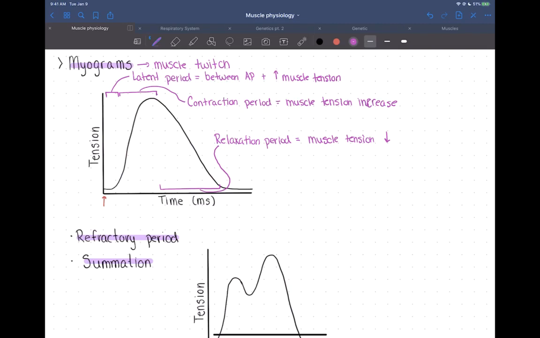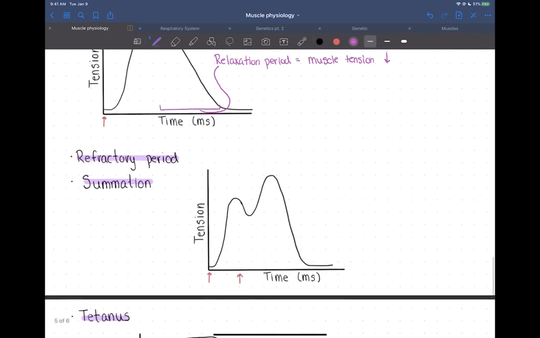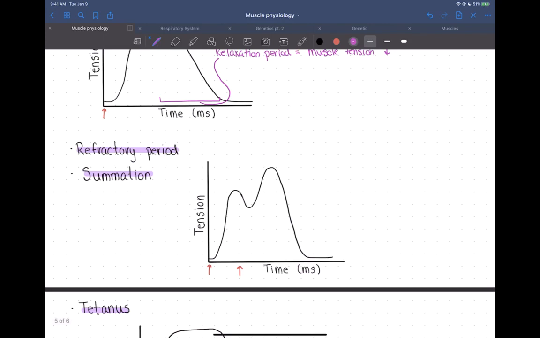Okay, so those are the three periods or phases of that muscle twitch when you're looking at a myogram. And so now we're going to talk about a couple unique concepts that relate to skeletal muscle and one that relates to cardiac muscle and their contraction. The first concept is the idea of a refractory period.